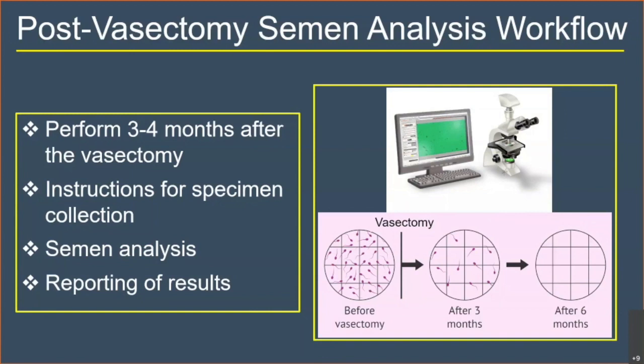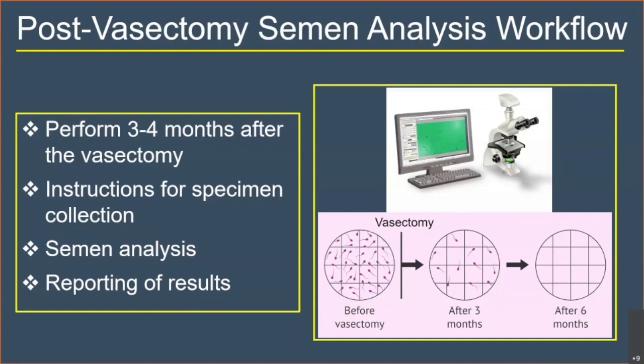This could be collection at a lab where they are provided instructions about maintaining the abstinence time of 2 to 7 days. If they're collecting at home, then instructions to collect after the appropriate abstinence time, collect in a sterile container, and transport the sample within an hour and keep the sample at body temperature. And then the performance of the semen analysis.